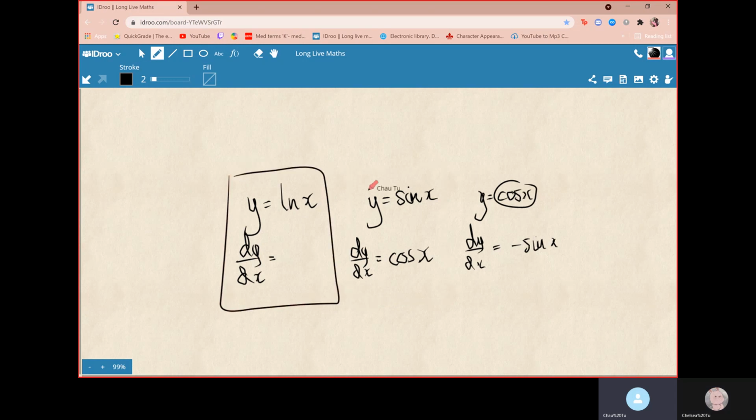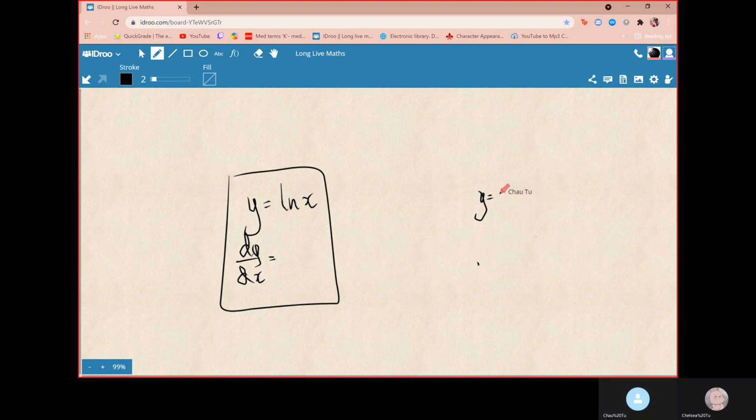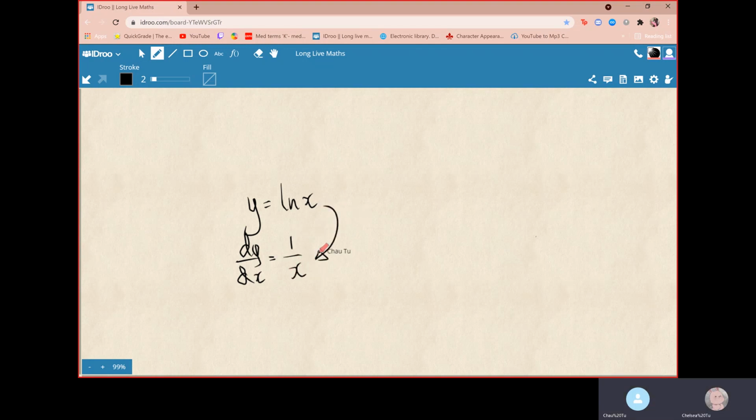How do you differentiate natural log of x? It turns out to be 1 over x. But why? How do we know it's 1 over x? The way we did it was, you exponentiate both sides.